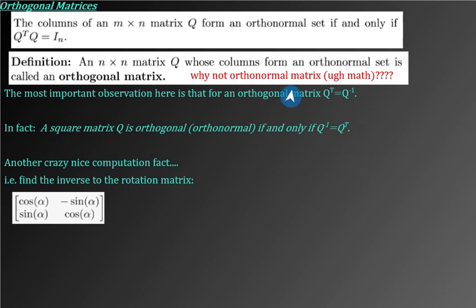And in fact, a square matrix Q is orthogonal, or orthonormal, whatever, if and only if the inverse of the matrix is the transpose of that matrix.